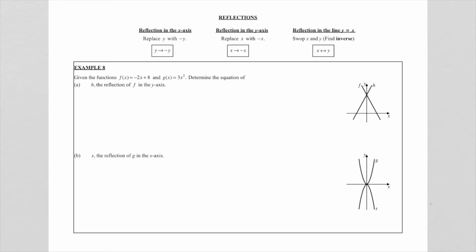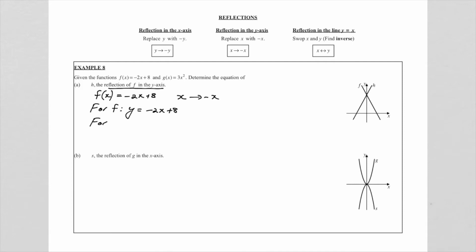So let's write down our f. So f(x) is equal to minus 2x plus 8. They want us to reflect it in the y-axis. So that means that x will become negative x. So let's do that. So we say for f, y is equal to minus 2x plus 8.